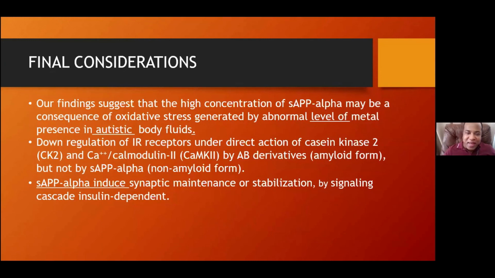In other words, the downregulation of the insulin receptor, mediated by casein kinase, may be another consequence of the high levels of beta amyloid. So the high level of sAPP alpha, as you can see here, will tend to increase the stabilization of the synapse.